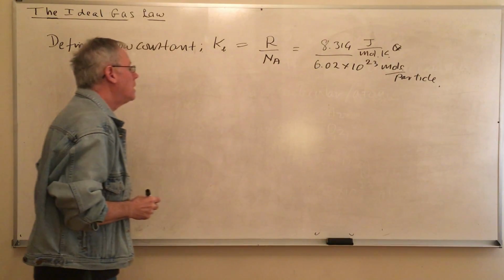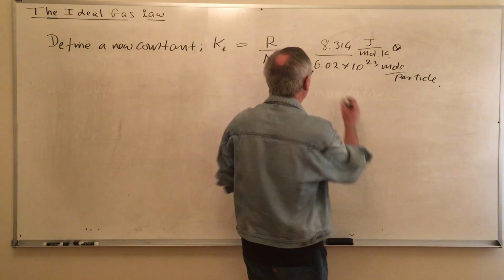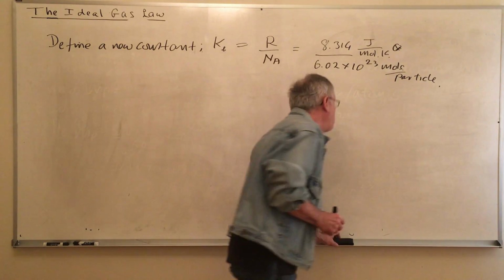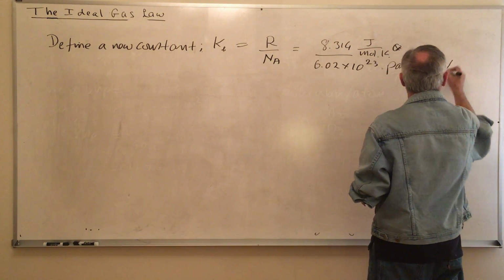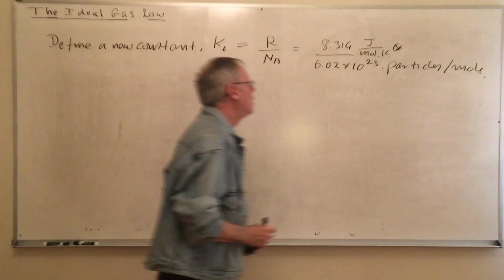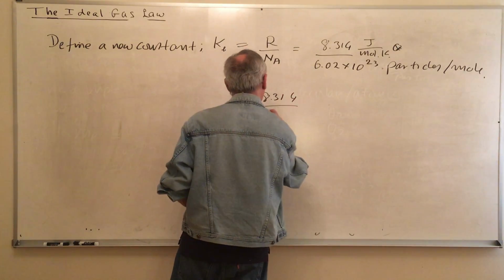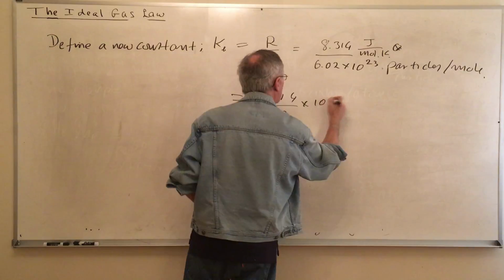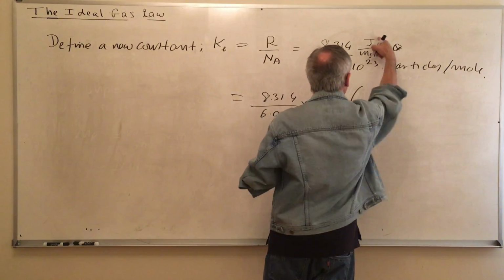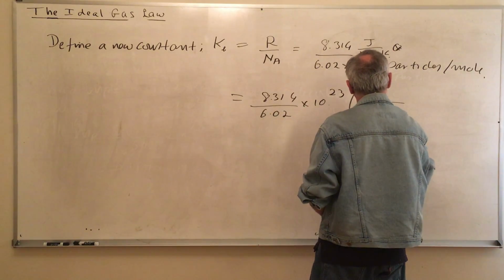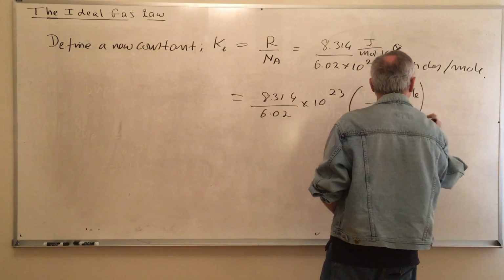And it's basically 6.02 by 10 to the power of 23 particles per mole, sorry. So, dividing them in, bring the 23 upstairs and we change the sign. And all together here we have joules per mole per Kelvin, times moles per particle.